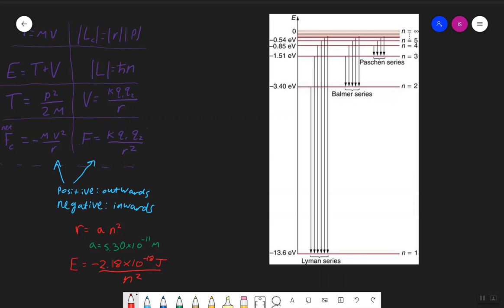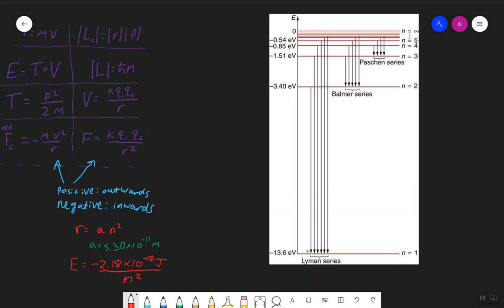And these are the energy levels. Down here we have our lowest energy level, and then for our next energy level, n is 2, so we divide this by 4, which takes us here. Then we divide by 9 to get here.